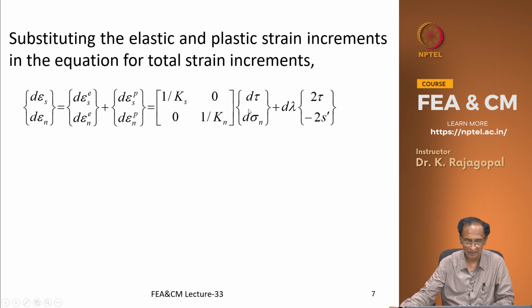And in terms of the stress increment d tau and d sigma n, we can write the elastic strain increments like this, and then these are the plastic strain increments: d lambda times dou q by dou tau and dou q by dou sigma n.